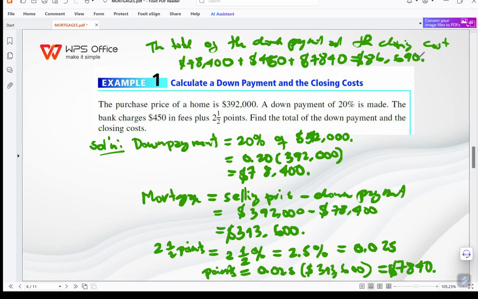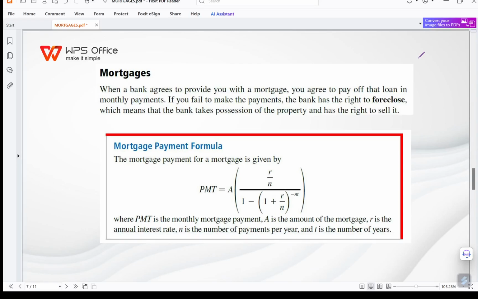So that is 2.5% of 313,600. So the total cost after closing the deal is equal to $86,690.